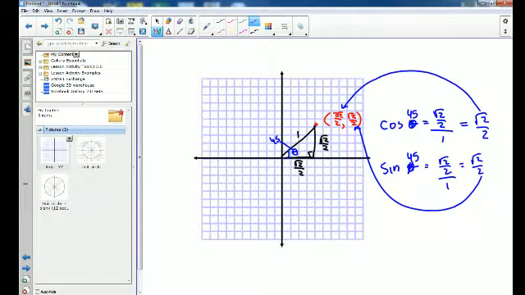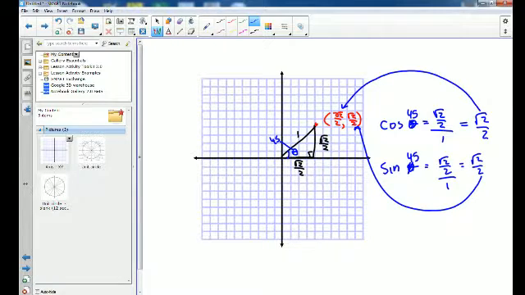The cosine is always the x value. So if I have a 45-degree angle, anywhere, it doesn't have to even be here, I know that the values are root 2 over 2. We can do the same thing with 30, 60, 90s, etc.